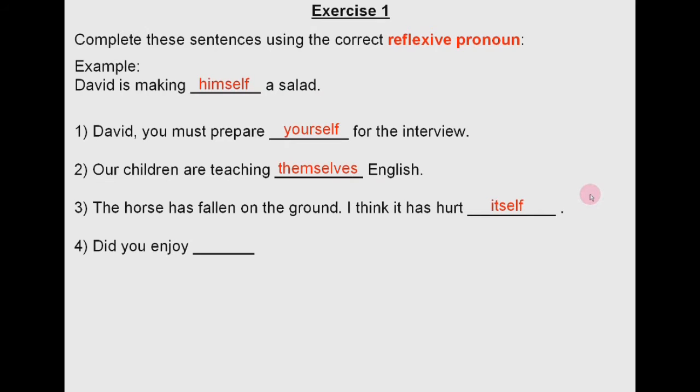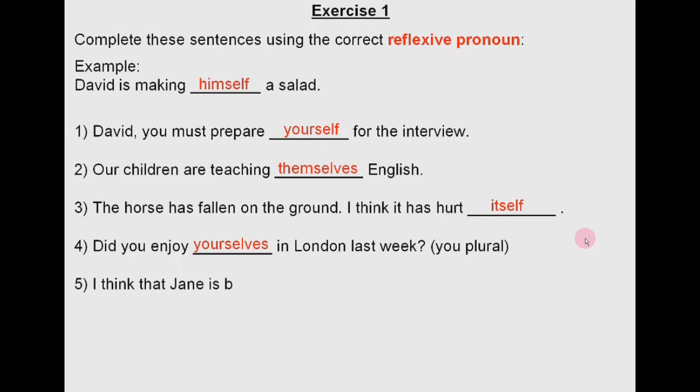Question 4. The answer is: did you enjoy yourselves in London last week? So it is yourselves, plural, because it was you, plural. We are talking to several people. Question 5.